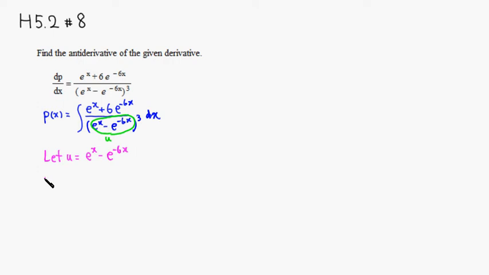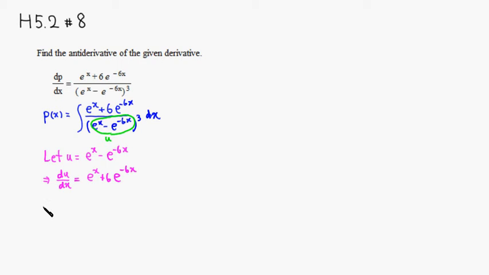Then take the derivative of the substitution equation. du over dx is equal to the derivative of e to the x, which is e to the x. The derivative of e to the negative 6x would be negative 6, so positive 6 e to the negative 6x.